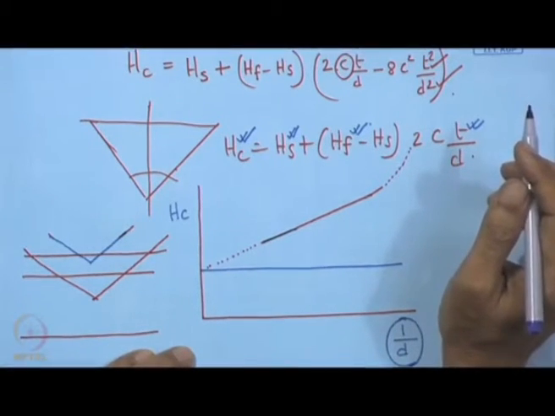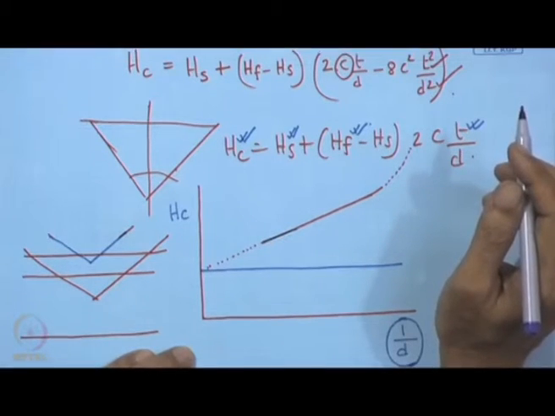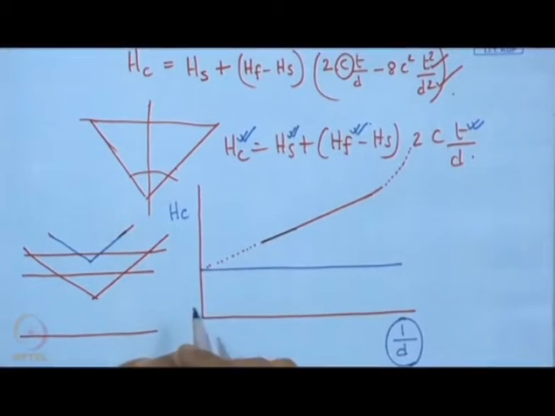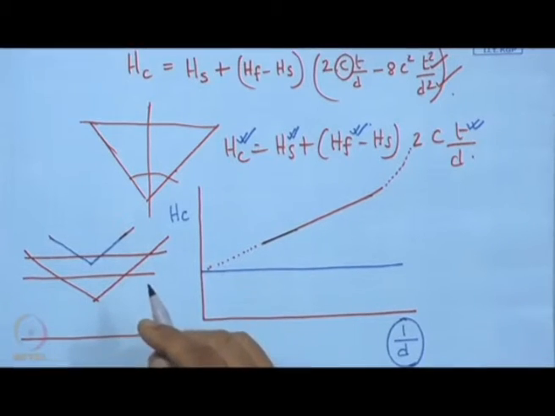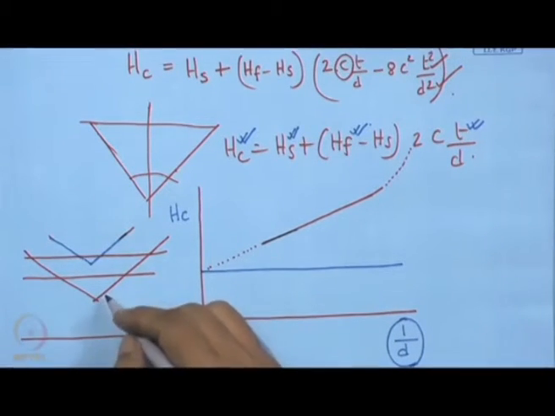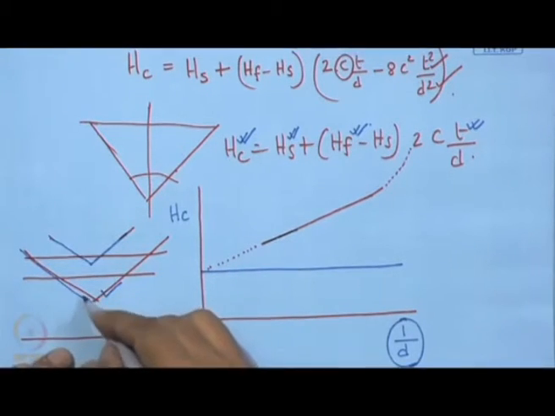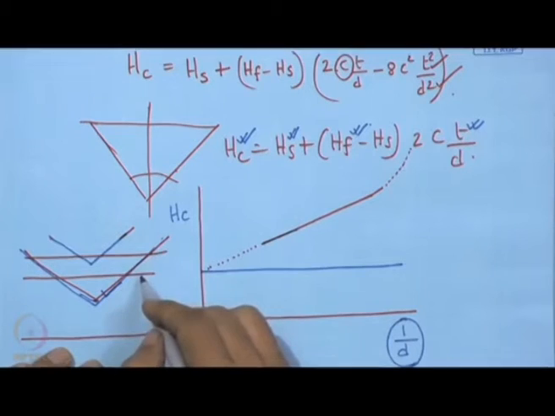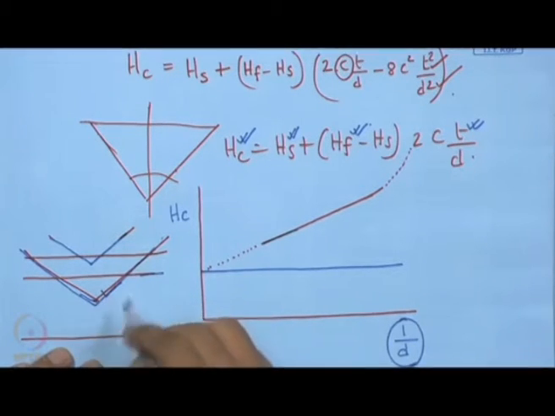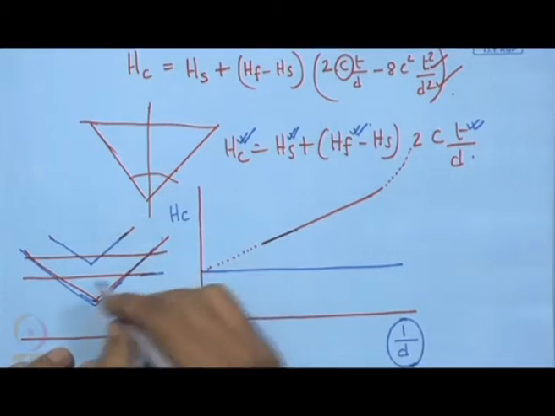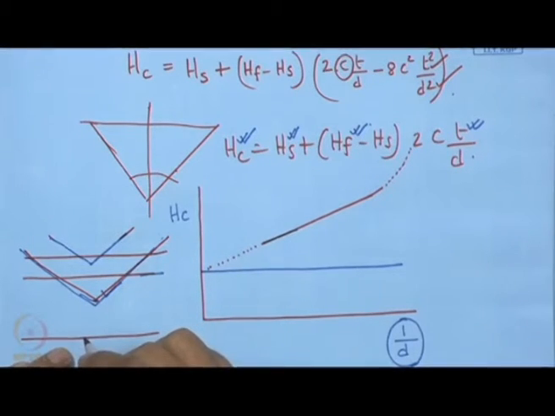However, if we increase the load, if we have a very high value of the load, which is represented here by this depth of penetration, which has gone well within the coating, well within the substrate, then 1 upon d will have a smaller magnitude, that means d will be quite high.